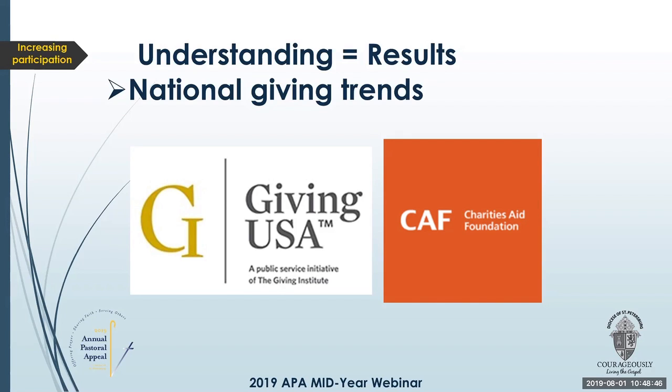Pledges are always good, but monthly giving is on the rise, and we should consider this. The average gift that comes in the mail is $58. The average gift that goes online is $96. Donors giving monthly contribute between $276 and $432 per year. So I think that's something to hold on to.